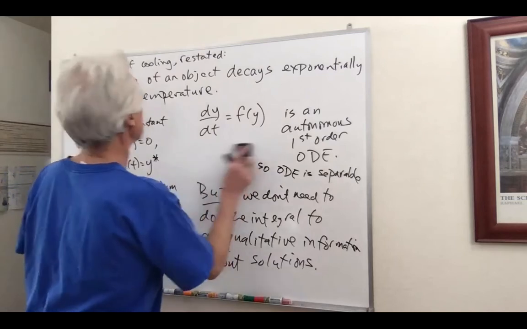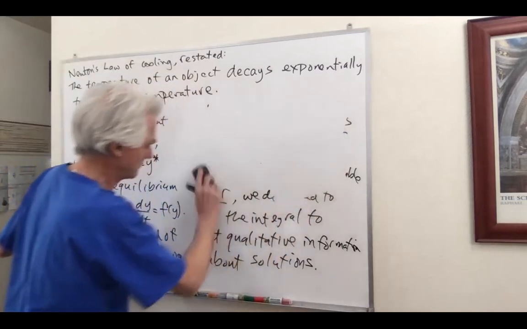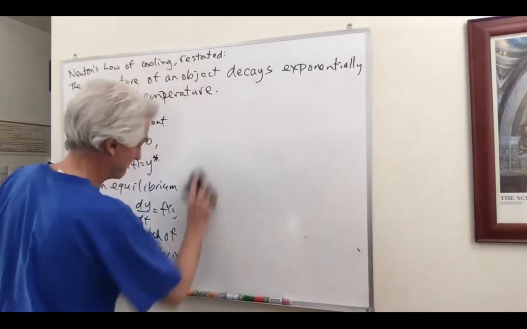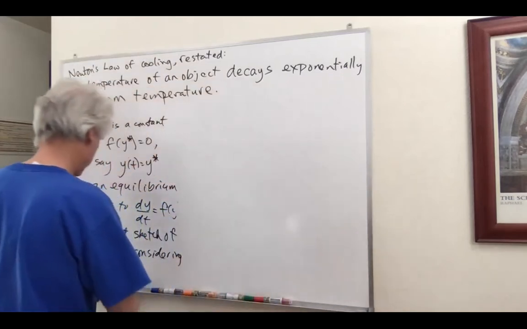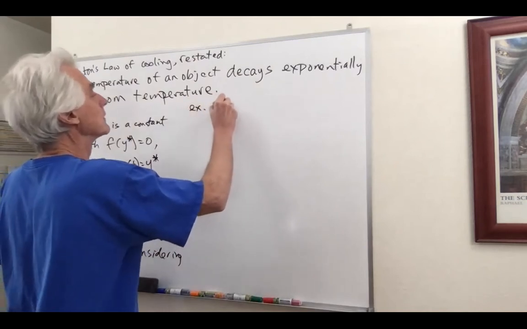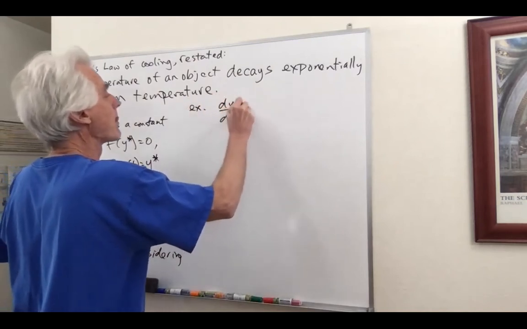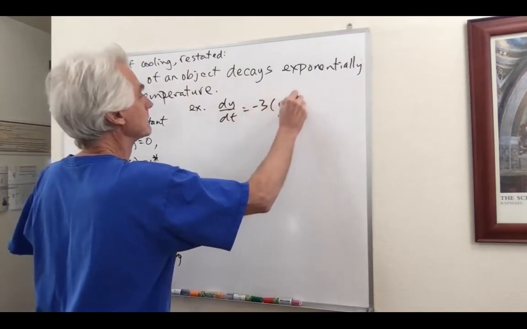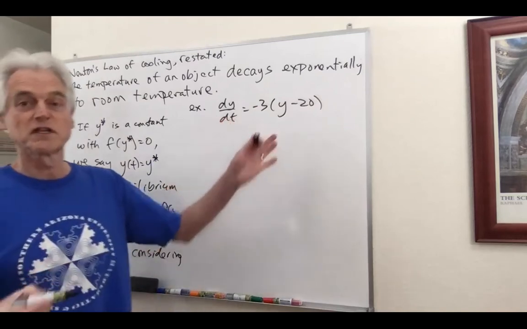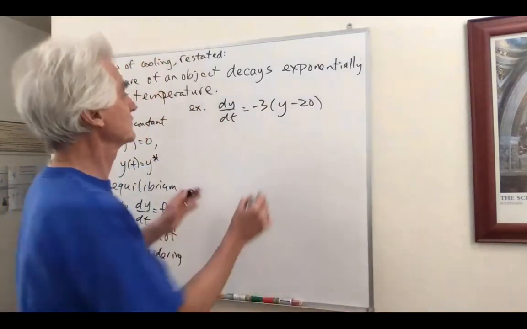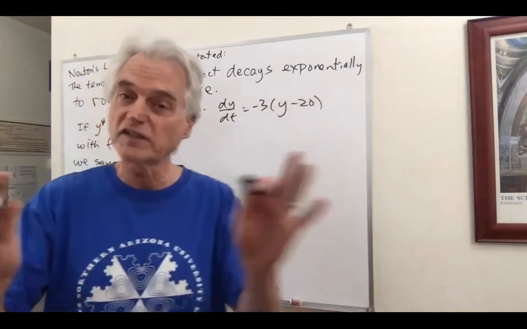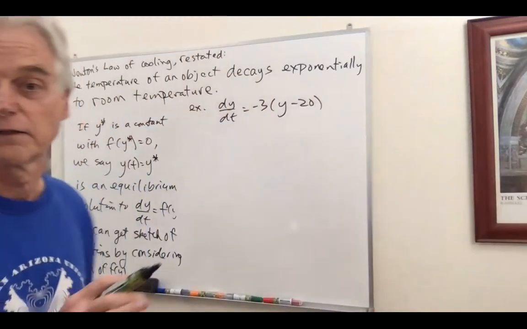Anybody guess what the example is going to be? Yep, dy dt is minus 3 times y minus 20. This whole thing is a function of y only. No explicit t in it, just of y.